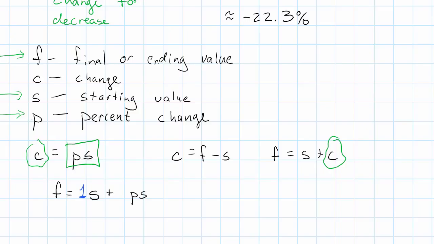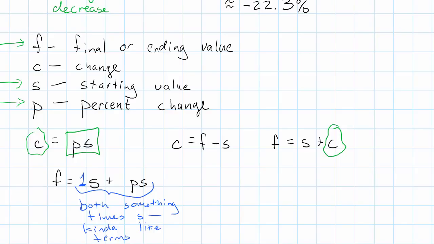And now, if we think of s as our variable, they're both something times s. That's kind of like being like terms. Let's use that fact to rewrite this equation, adding together the coefficients and then multiplying by s. You can see that going this way is just the distributive property. 1 times s plus p times s is the same as 1 plus p times s.